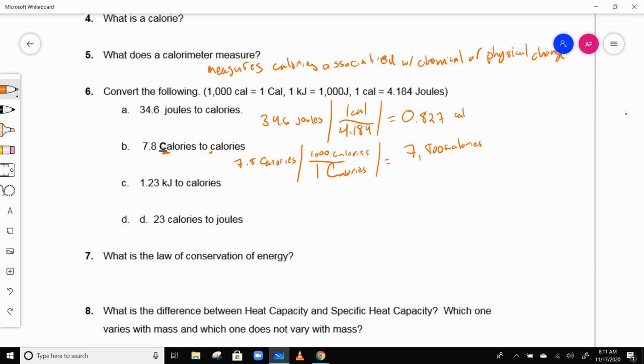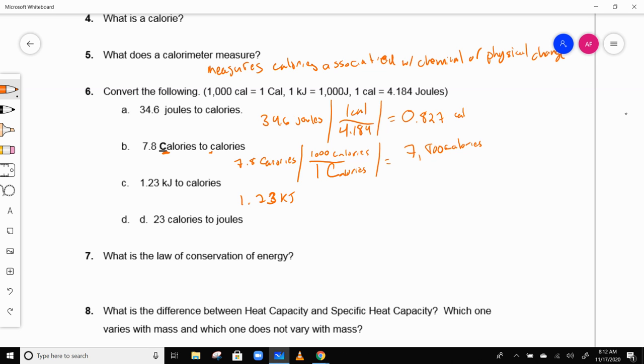Kilojoules to calories. This one takes 2 steps, so we have to go from kilojoules to joules. So 1.23 kilojoules. I didn't really tell you how to do this, did I? Don't worry about this one. Well, we'll do it. It's not that hard.